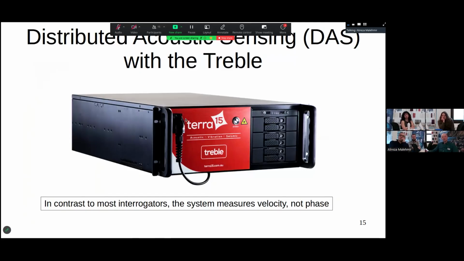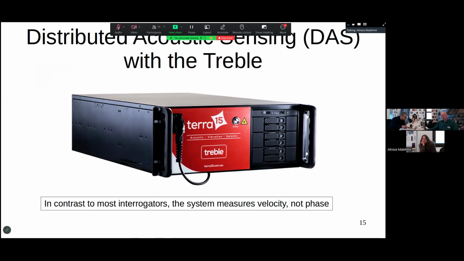So I'm going to start talking a bit about DAS now, but I want to mention first the instrumentation. We've been using this instrument here, a Terra 15, and in contrast to most interrogators, I think, that have been mentioned in the course so far, this system works a little bit differently.